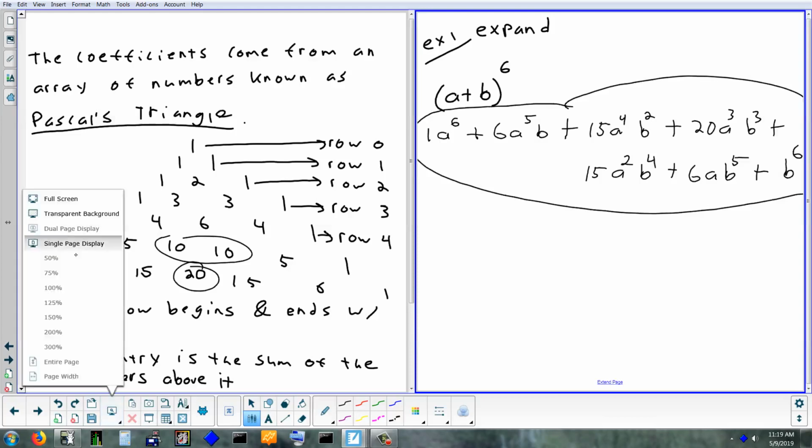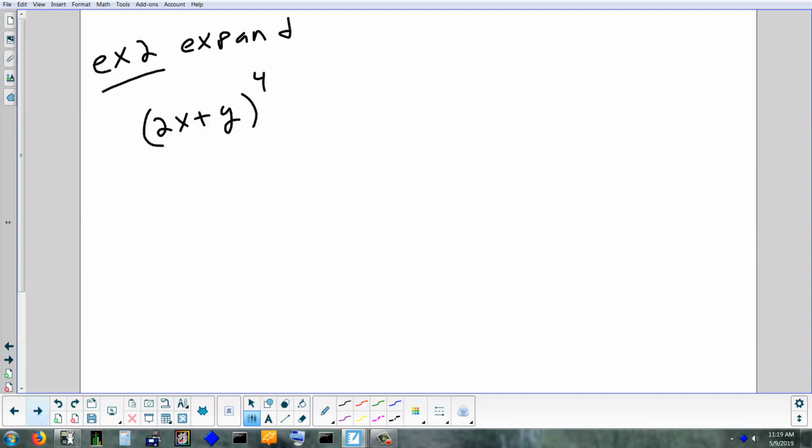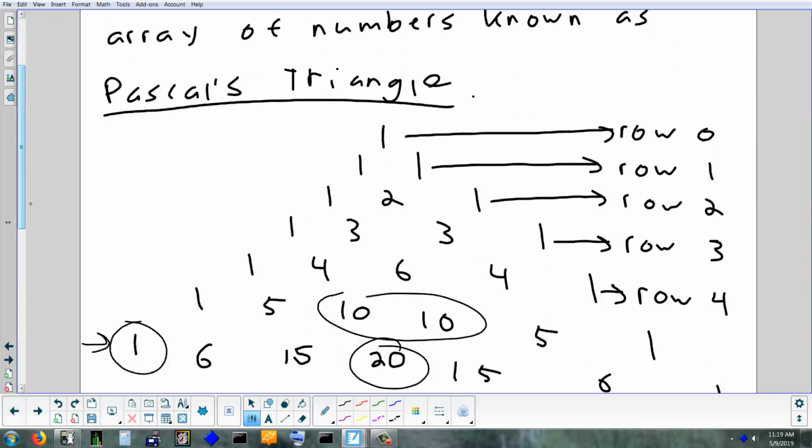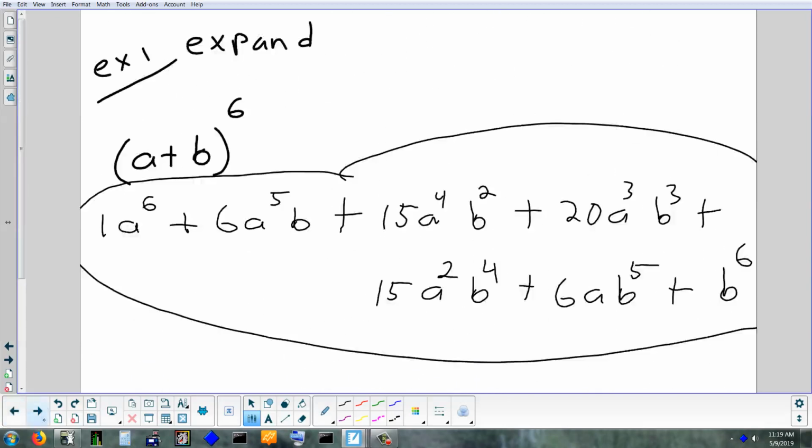All right. So let's try this one. A little different, because this time, think of this whole thing as your A, and think of this as your B. So whenever we write A, we want to make sure we put it in parentheses. Okay. So row 4, let's copy that over. Row 4 is 1, 4, 6, 4, 1.